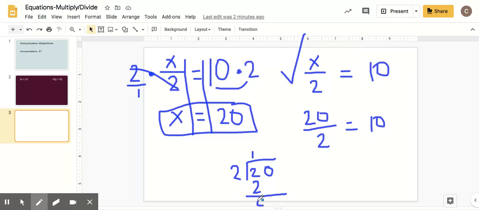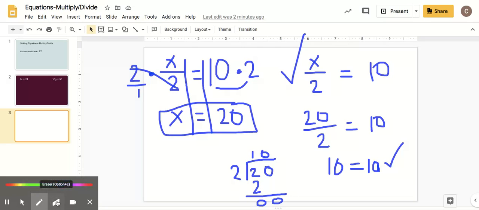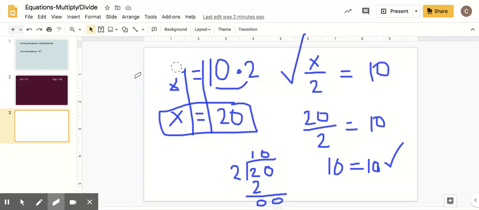We can't have just a 0, so we got to make sure we put our 0 on top. And so our answer is 10. So these aren't that bad either. They just look a little different. So we're going to try one more, and then you guys are going to spend the rest of class time practicing.